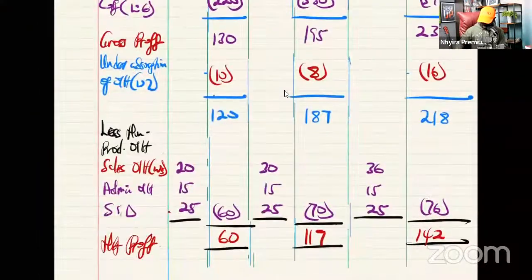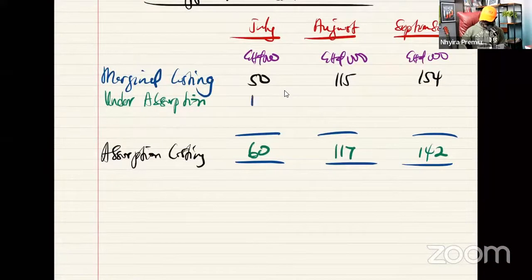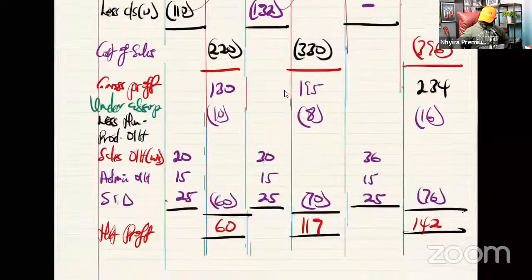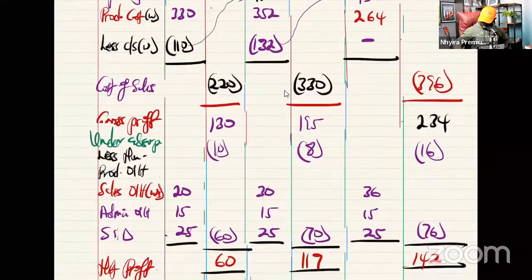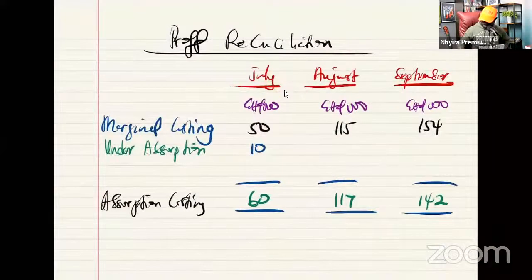Was that 10? Yeah, that was 10. So you bring it up here, 10. So that under absorption adding to that marginal costing will give you that profit there. But in the case of August, there was an amount of 8 and 16 for the other amount, 8 and 16.